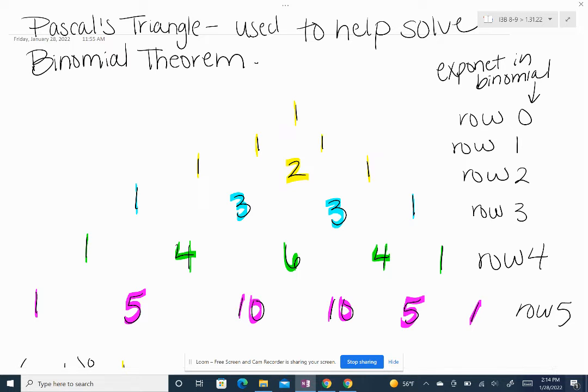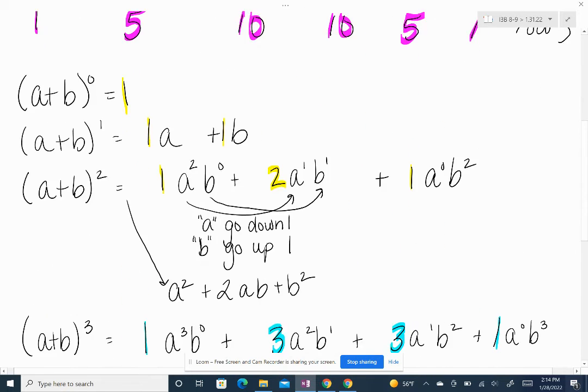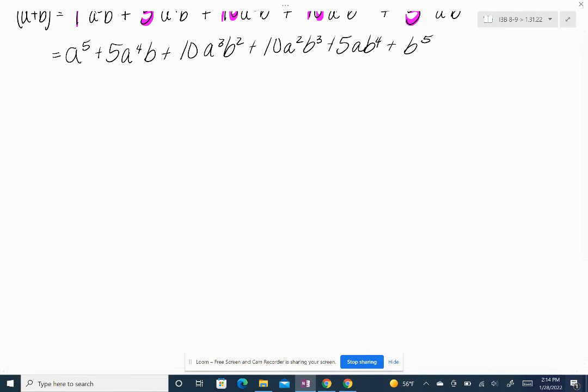Okay, so let's go ahead and take a look at some example problems. So this would be something like you might see on a problem. Okay, so let's say I have x plus 3y cubed.